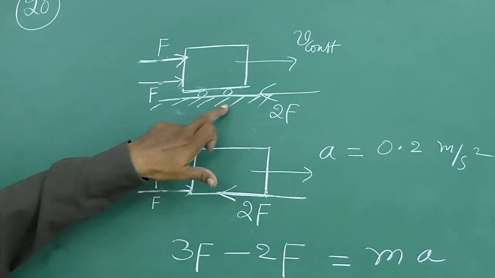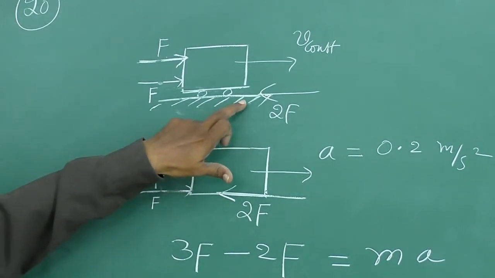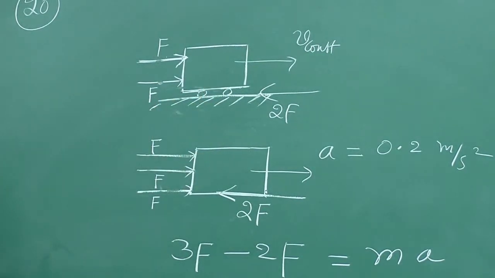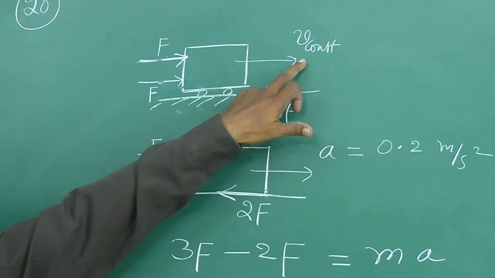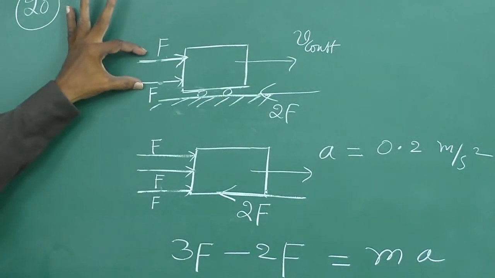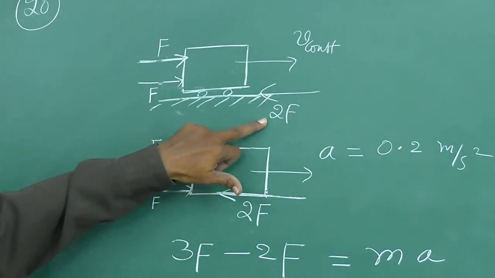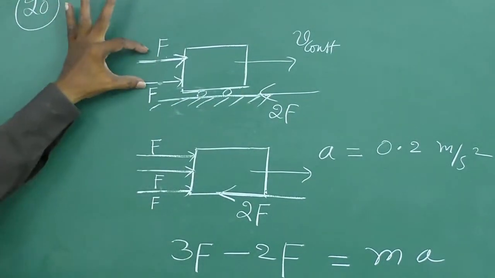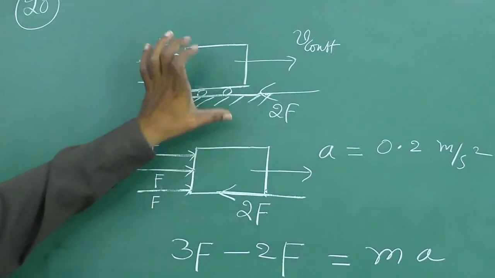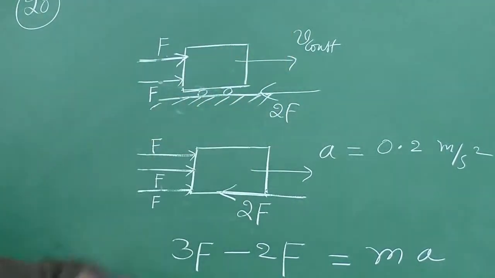Hence there is a frictional force that acts between the level road and the wheels. Since the car moves with uniform velocity, the applied force is balanced by the frictional force. Hence frictional force here is 2F. Applied force is equal to frictional force. Net force is 0. Hence it moves with uniform velocity.